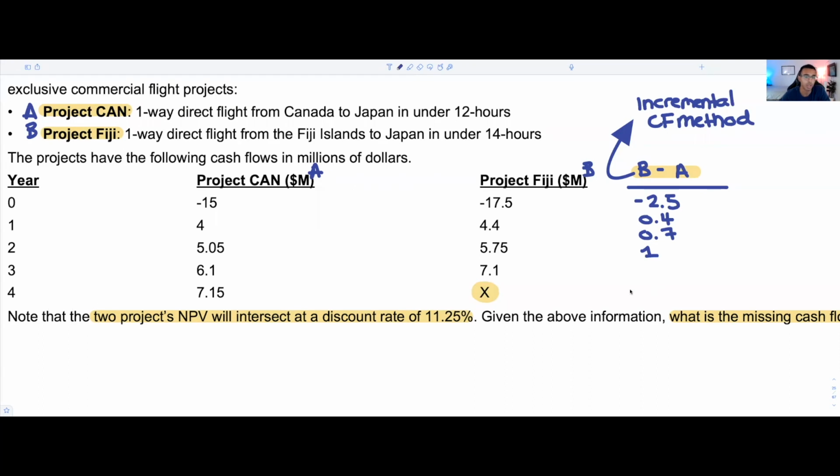And then B minus A for year 4, well, hey. I'm sorry if it's not totally aligned. That's on me there. But for the last year, year 4, we're going to have X minus 7.1. Right? And that's still okay with us because we understand that we're solving for X. Okay, that's what we're solving for.